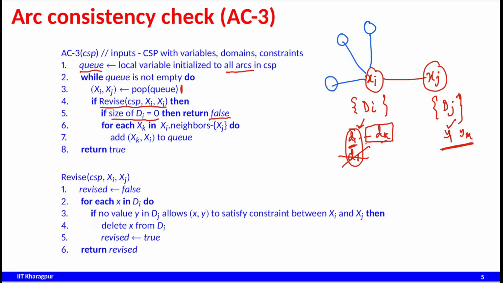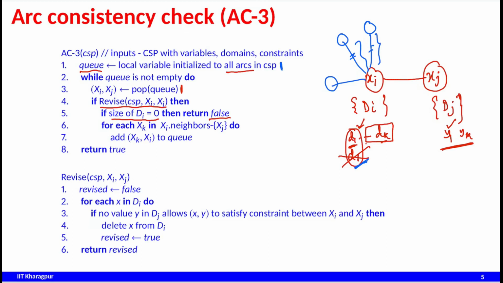It may happen that we have already explored these edges, or some of the edges I may not have explored as well. Now if I modify this domain, then I add the edges that I have looked into earlier back into the queue again.